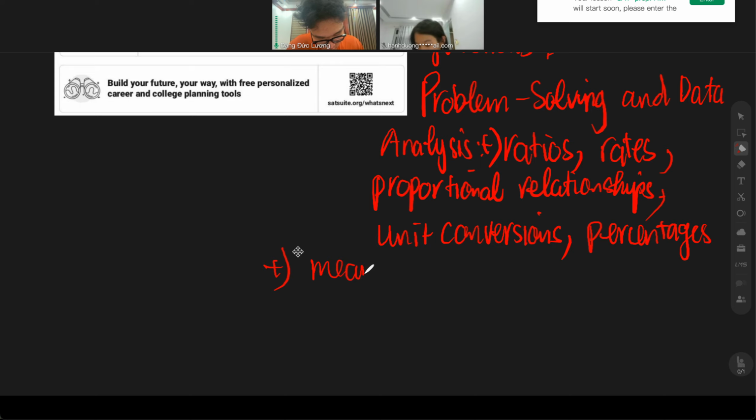You will need to know these very basic concepts: mean, median, mode, range, standard deviation.